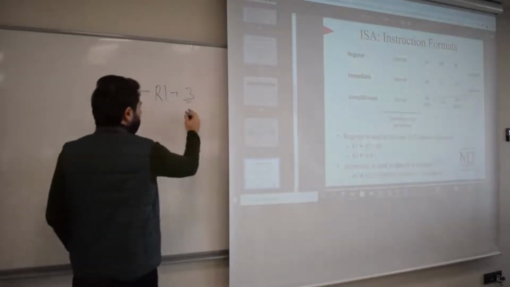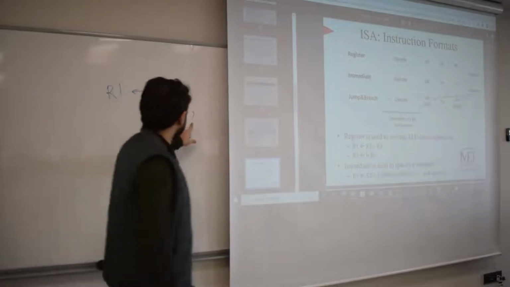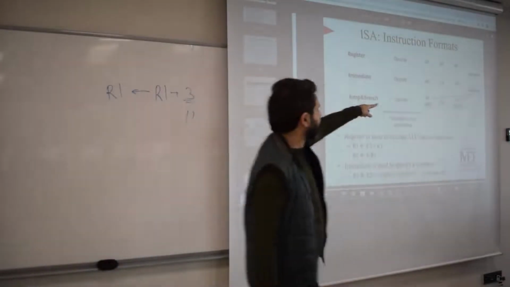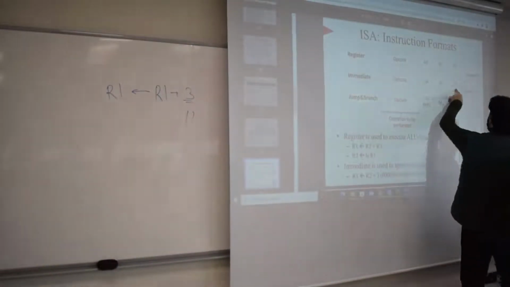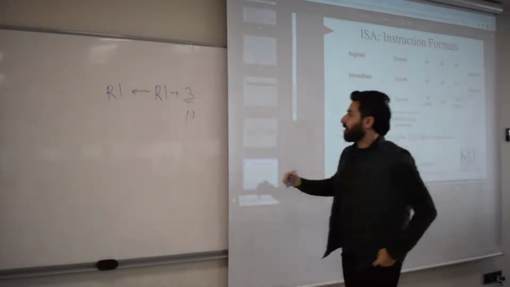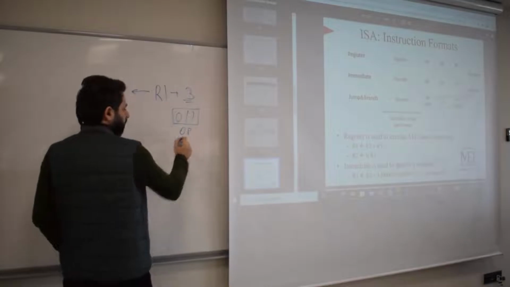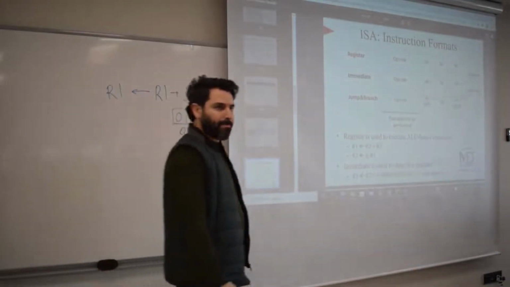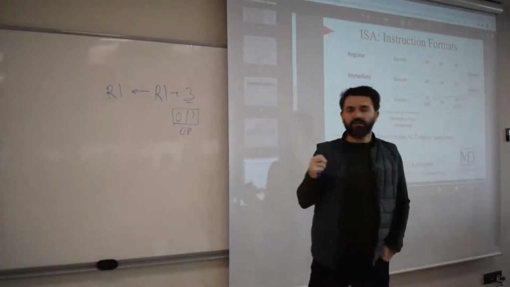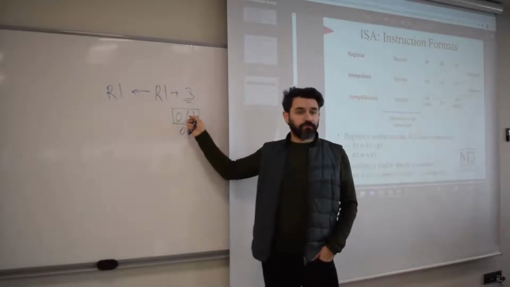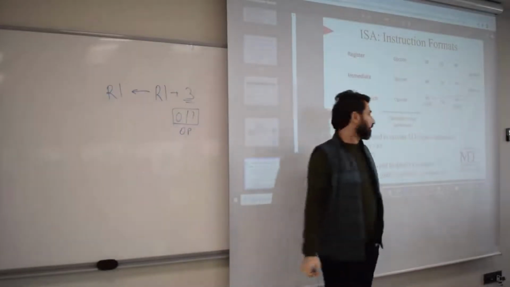This 3 is 1, 1, right? That 1, 1, because I use 3 bits in this specific format, then I put a 0 here. So this is my operand, okay? So you read off the constant value from the instruction itself, okay?